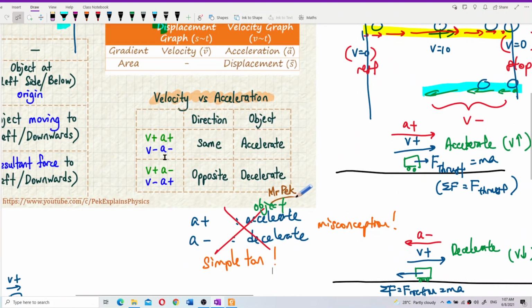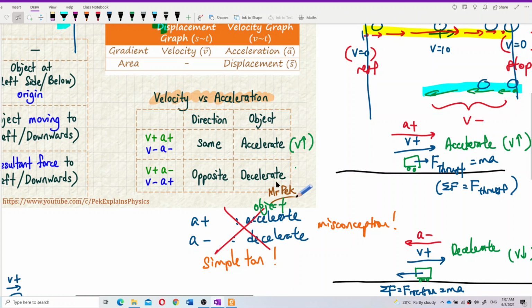Yeah, the actual case is, when velocity and acceleration are both positive or both negative, in the same direction, the object accelerates. Object accelerates means velocity increases, becoming faster and faster. Now, when velocity and acceleration are one positive, one negative, because opposite signs mean they have opposite directions, then the object will decelerate.